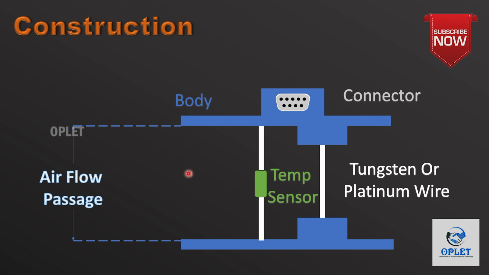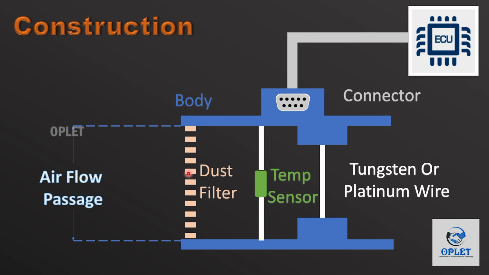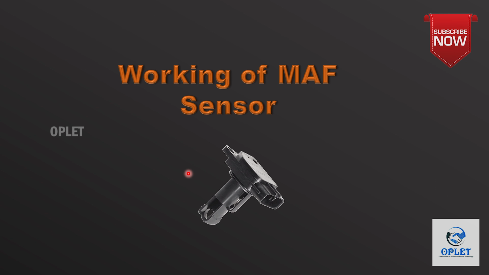In front of that, a dust filter is connected, which helps to protect the wire from input air impurities. So here the main components of airflow sensors using hot wire are a platinum heating wire, a thermistor and an electronic control unit.